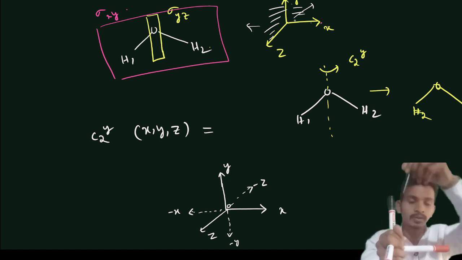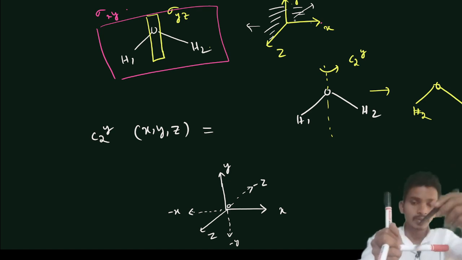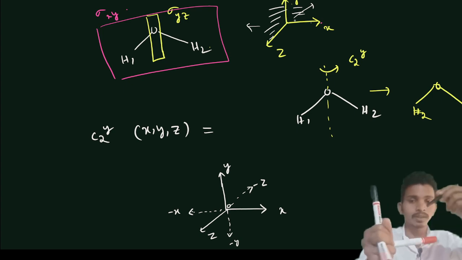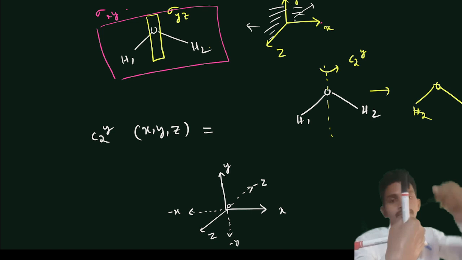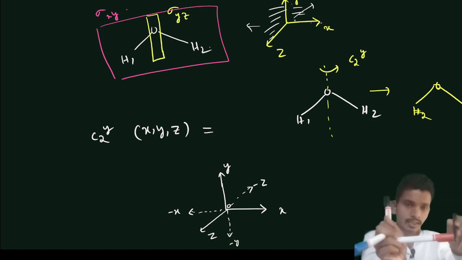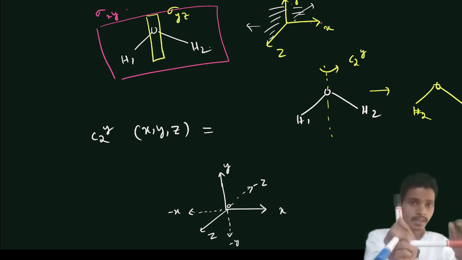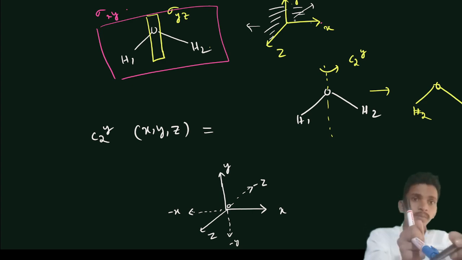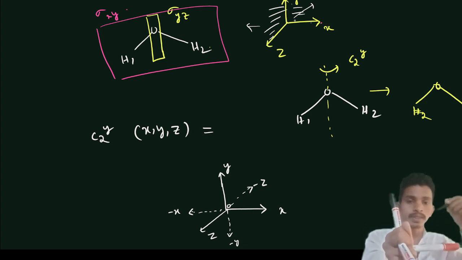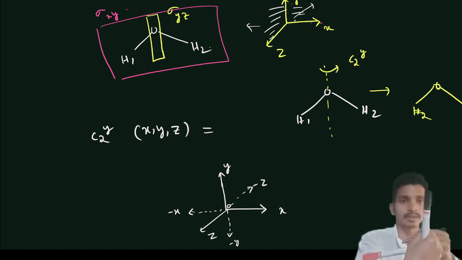I'm rotating, so this will come here by 180 degrees. Then you can see that this red was here, that will go here, and this was front, this will come back. You see that 180 degree rotation.